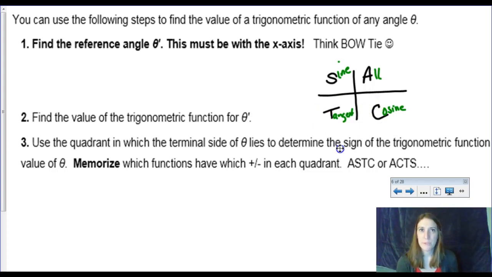And those refer to which trig functions are positive in that quadrant. Now when I say sine, I'm also referring to cosecant, because sine and cosecant are just reciprocals of each other. But if we just use the big 3 formulas, these are the ones that are positive in each quadrant. So all of them, just sine, just tangent, cosine.